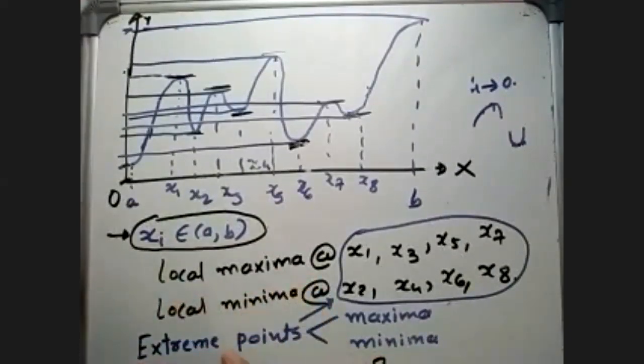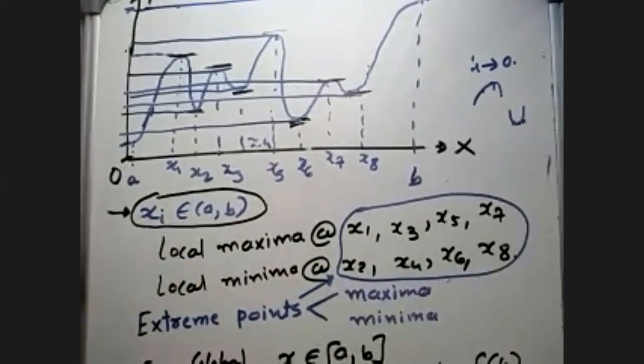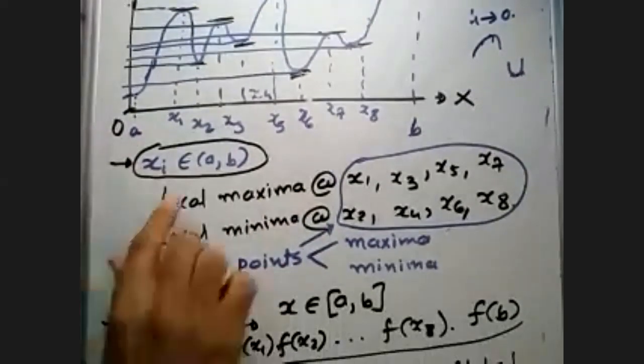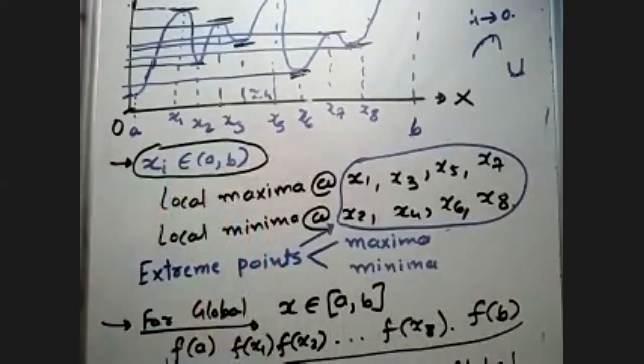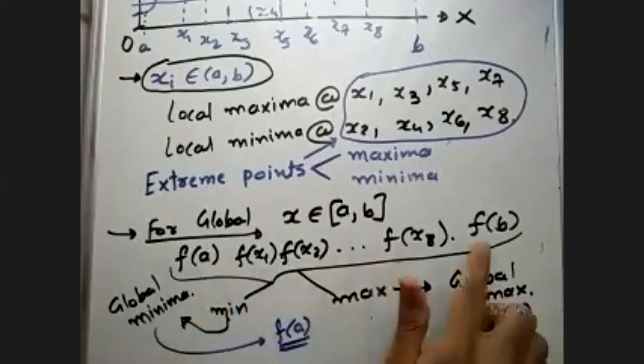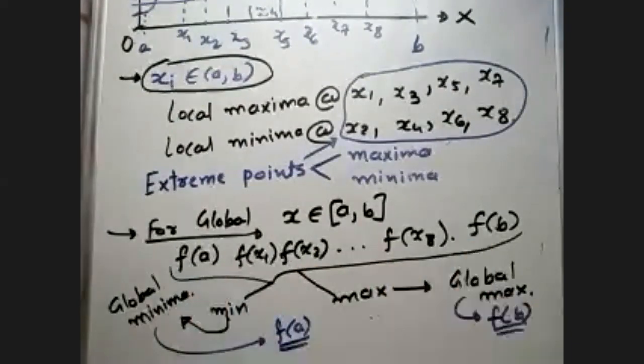If they have lower values, then these are called local minima, the minimum value in that neighborhood. And all these points are called extreme points. For local points, we should consider the open interval. For global points, we consider the closed interval. So if we include f of a and f of b as well, then amongst all of these values, the minimum value will be global minima and the maximum value will be global maxima.